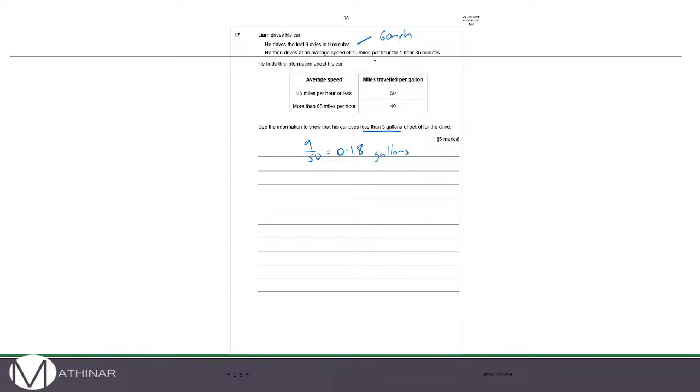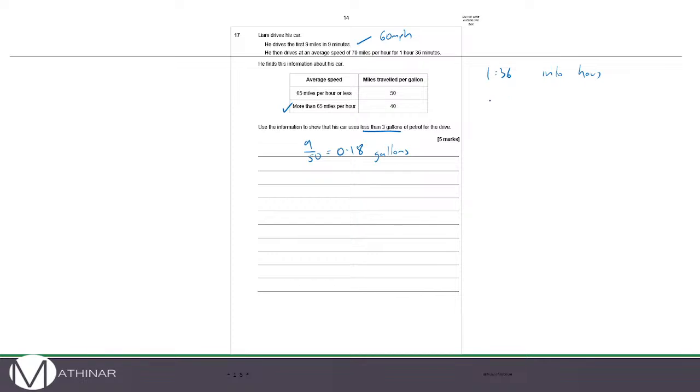Then he's gone at 70 miles per hour, so we're looking at this second line of information. And we want to know how far he's travelled, because we know he's been travelling at that speed for that amount of time. So the first thing we need to do is to convert 1 hour 36 into just hours.